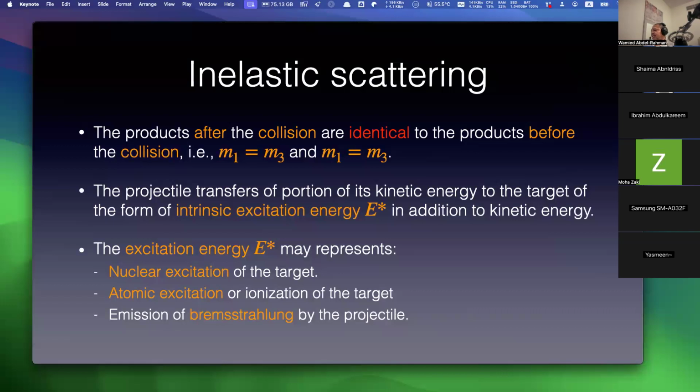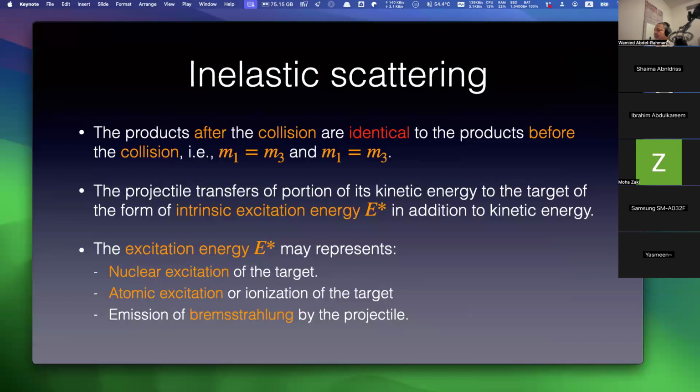Part of that energy could be transferred to some sort of excitation energy. This excitation energy may represent, for example, nuclear excitation. So after the interaction, the nucleus might be excited. The energy transferred from the projectile to the target is partly, or maybe entirely, transferred as excitation energy to the nucleus.